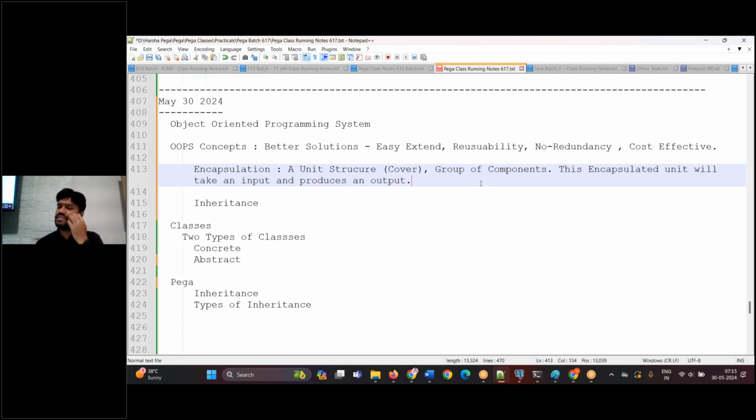What is an example of this encapsulation? An example can be anything that you see in your day-to-day life. An example is a laptop. Overall, the laptop, whatever I see, is a cover which is covering some functional components, right? Inside a laptop, what is there? Motherboard, processor, hard disk, RAM, and so many other peripherals are available.